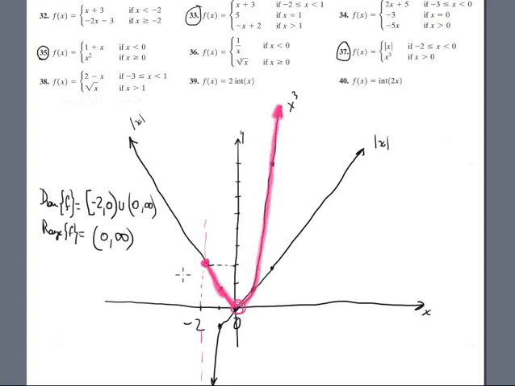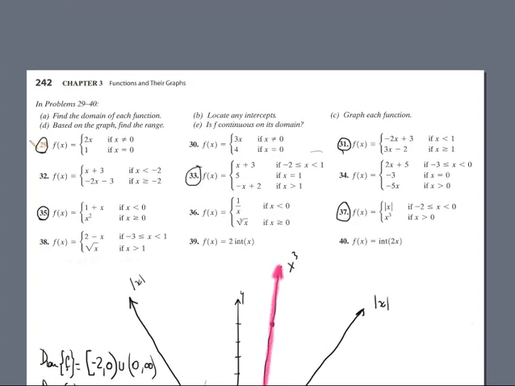Okay, the x and y intercepts: we have no intercept. It is obvious that we have no x intercept and y intercept, because this is empty. One more piece of information they want: is the graph continuous?